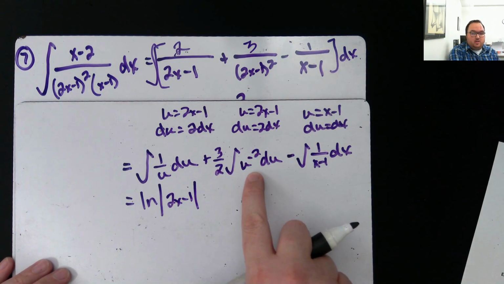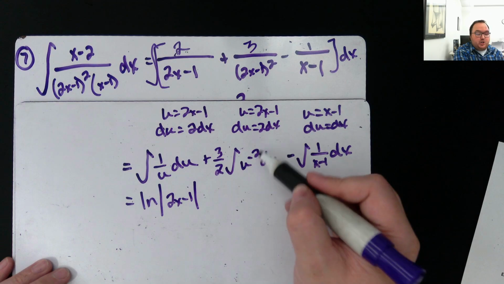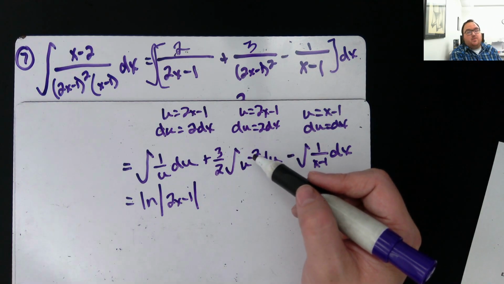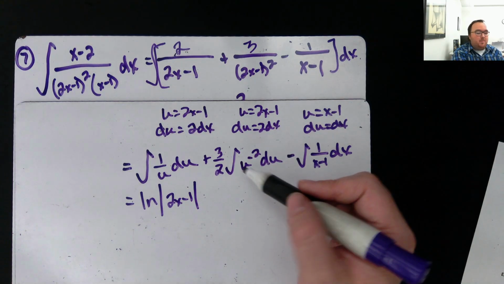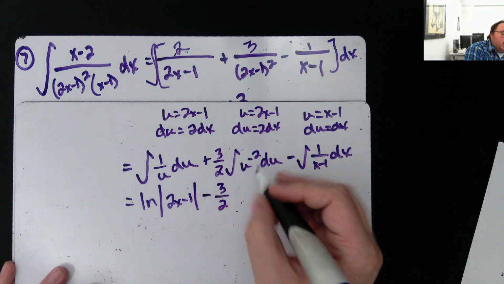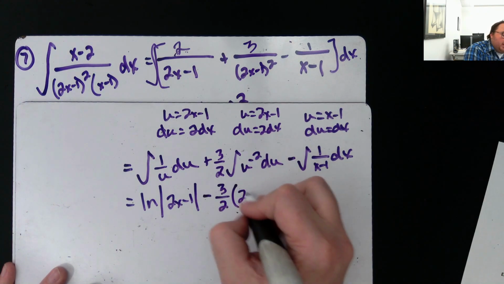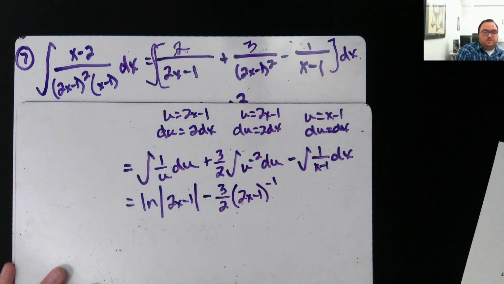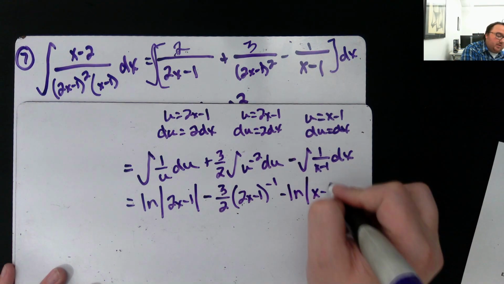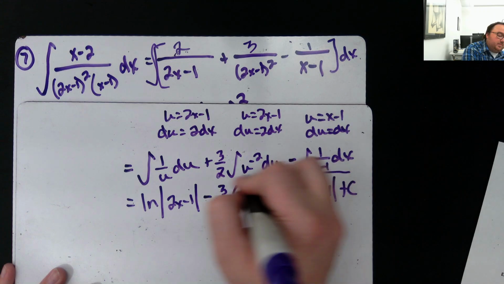For this one, I have a power of negative 2, so I would add 1, which would make it negative 1, divided by my new thing would make this negative, so minus 3 over 2 times our u, which is 2x minus 1 to the negative 1, minus, this is just the natural log, absolute value x minus 1 plus c.